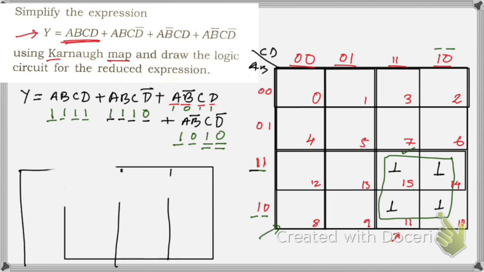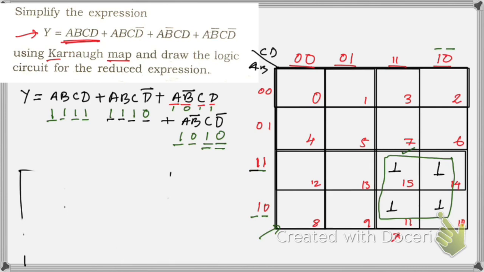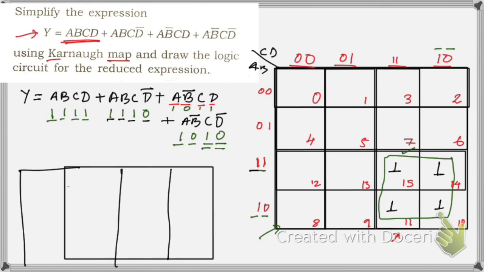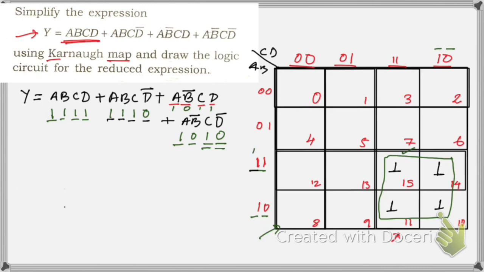So now let me clean these things. Okay, so now let's simplify this expression. Okay, so how to simplify this? So here you see, this is the one. So what we have here, sorry, this is A B and C D, right?